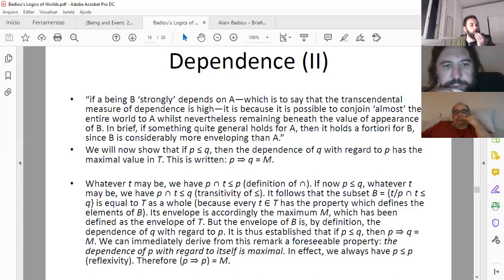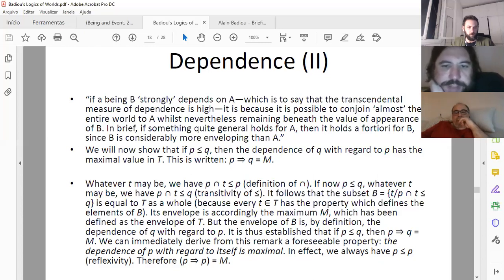We will now show that if P is lesser than Q, then the dependence of Q with regard to P has the maximal value in T. This is written, equal M. Whatever T may be, we have the conjunction of P and T lesser or equal than P. If now P is lesser or equal to Q, whatever T may be, the conjunction of P and T is lesser or equal than Q, by the transitivity of lesser or equal than.